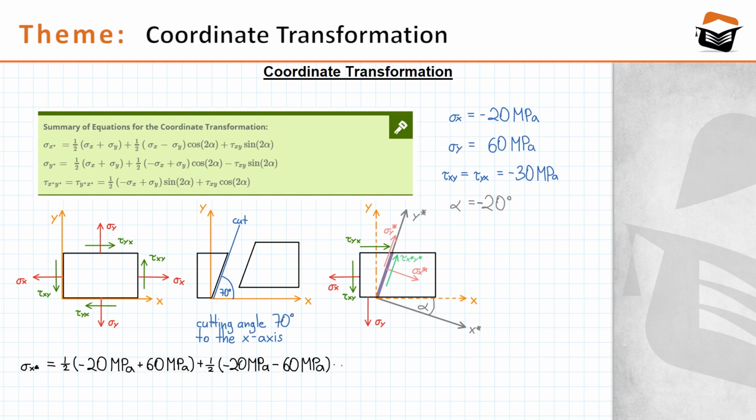Times cosine of 2 times alpha. Alpha is minus 20 degrees, so 2 times alpha would be minus 40 degrees.